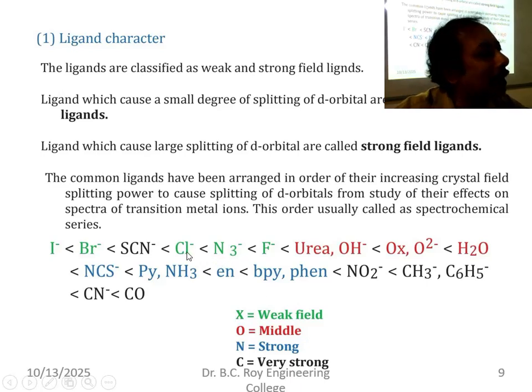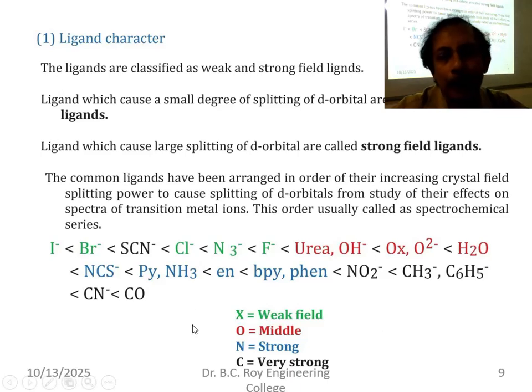Like Cl- is large in size, I told you, but it is obviously smaller than I-. I- is larger. So as a donor it is not that good. That's why it is at the beginning. You see, you have arranged in ascending order. So this is the least in the series, the field strength is the least for I-, then you get Br- that way.